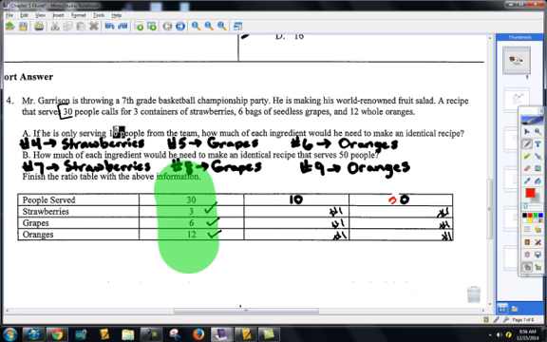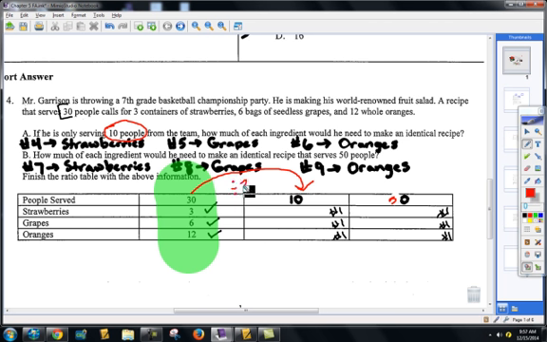If I'm only serving 10 people, only 10 people could make it from my team, I don't want to make a recipe for 30 people. That wouldn't make any sense, would it? I only want to make the amount that I'm going to need. I don't want to have a lot of extra cost for 30 people. Okay? So, you just look here and say, I want to make this recipe taste the exact same. Well, what did I do to my number of people, guys?